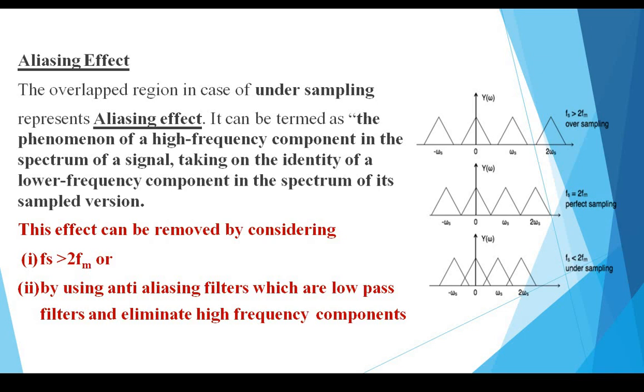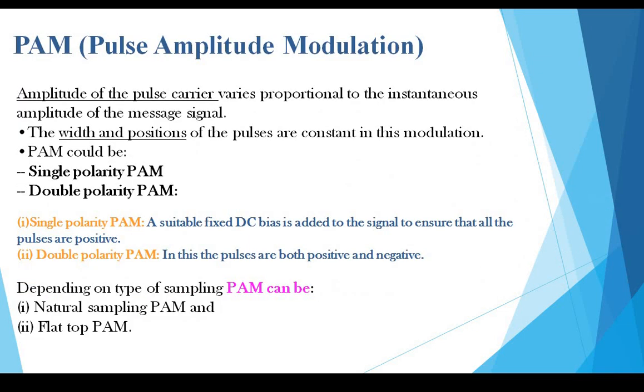That noise is also added to your message signal, because in natural sampling the carrier pulses vary with the message signal amplitude. So it is continuously coming. That is the reason there is some drawback.